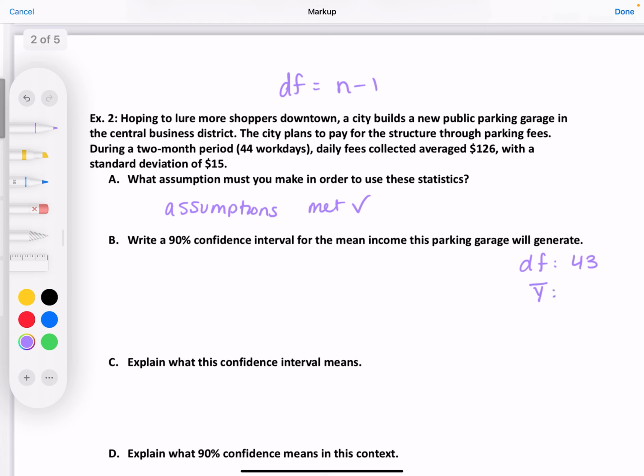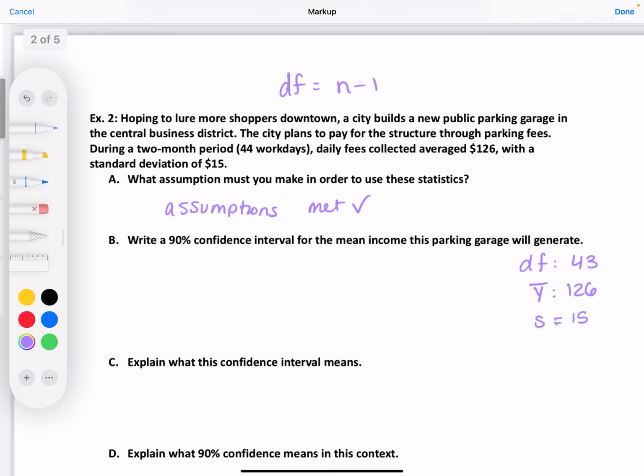All right, so then our y bar. When you get to your calculator it's going to call it x bar, but your book calls it y bar. They are the same thing. When we go to do the calculator steps, I will rewrite the stuff in the color that I'm going to do with the calculator. So my average is what? 126. And my standard deviation, so s is equal to 15.